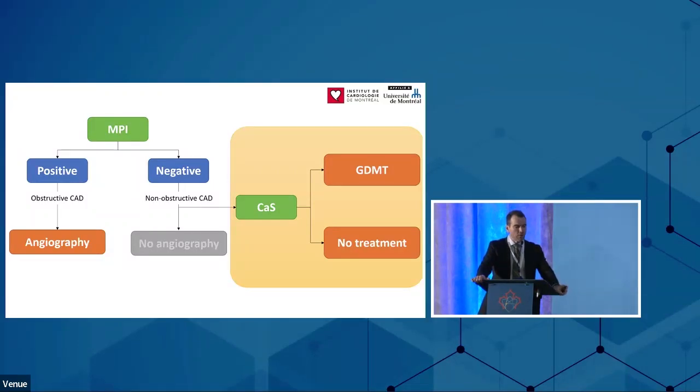But you also have the dimension of non-obstructive CAD. Well, the calcium score is high, so the patient needs medical therapy, and he will receive medical therapy, and that's going to change the outcome of the patient. If there's no coronary calcium, well, there's no CAD, you don't need to treat the patient.